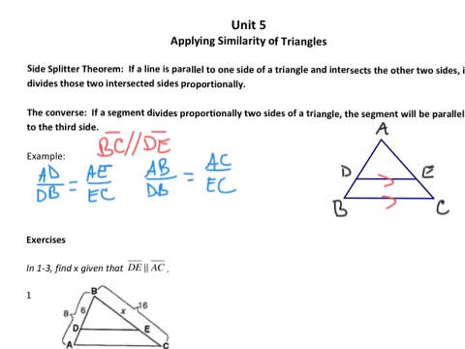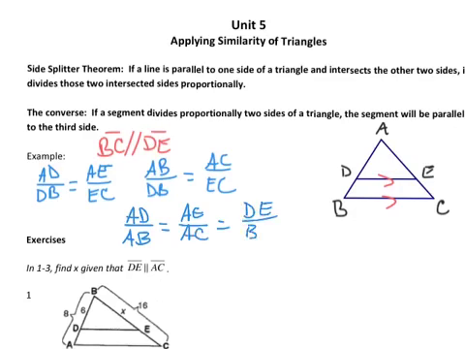So if I'm going to set up a ratio with the bottom two sides, I can say things like this. The little side on the left over the entire thing, which is the big triangle, that's going to be equal to the little side on the right, which is AE over AC, and that's equal to DE over BC.